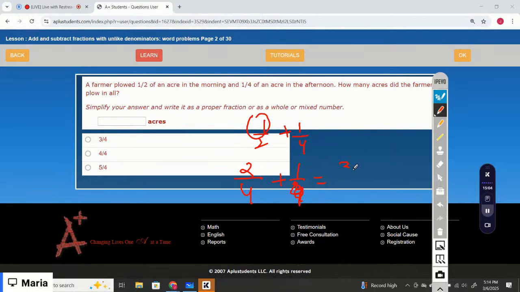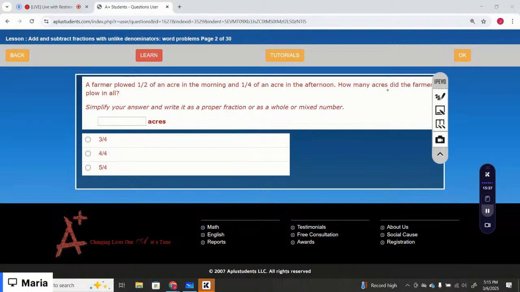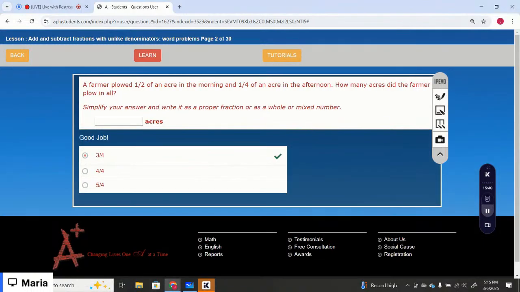So just add 2 plus 1 is 3, that is 3 over 4. Option number 1 is the correct option.